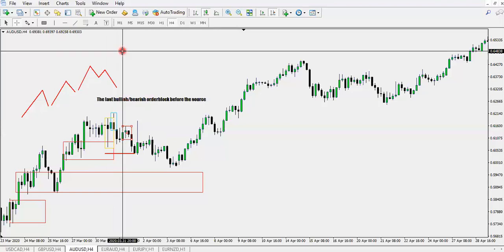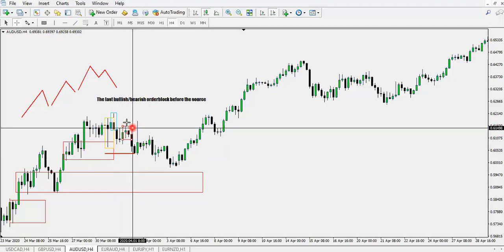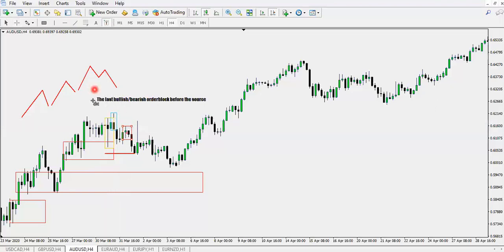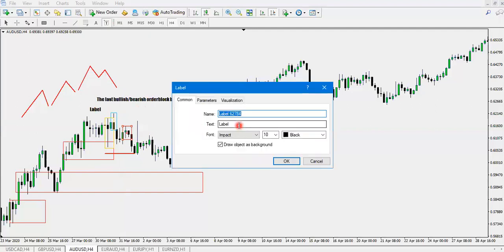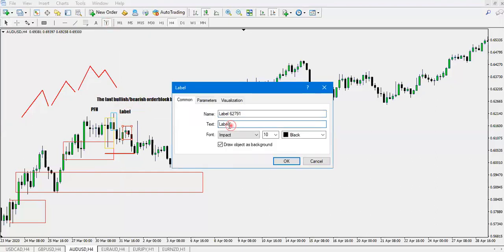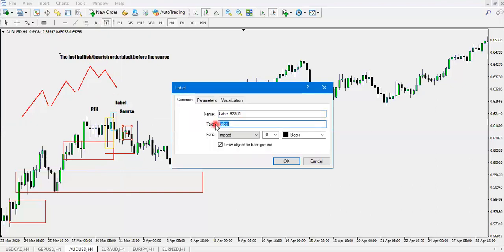So it's actually a very good sign that price likes to test or come back up to the area that created the peak formation high. This is our peak formation high over here, and we've identified our source. The light blue is our source, and our gold is our breaker block.